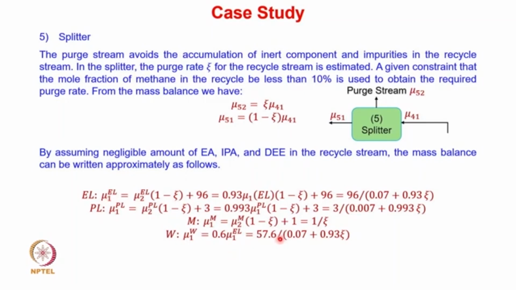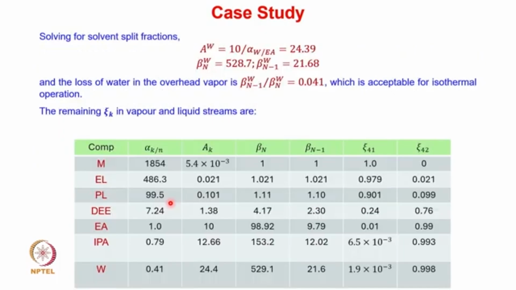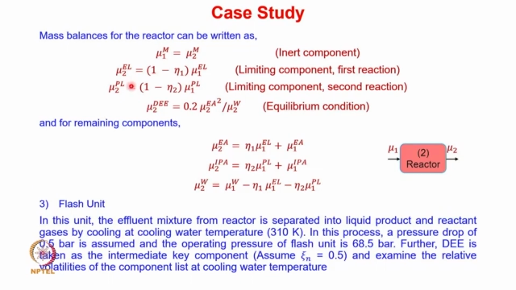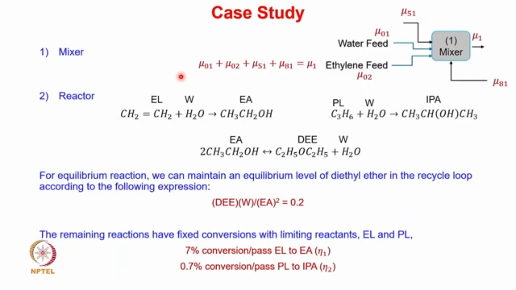So in this case, again we can simplify. So mu2 EL is what? Mu2 EL, if you look at the reactor equations, is given as 1 minus eta 1. Eta 1 is what? The conversion of ethylene. Conversion of ethylene is given as 7%.